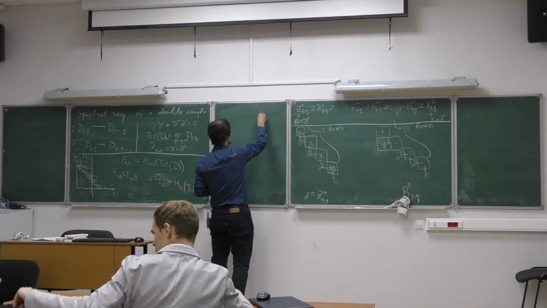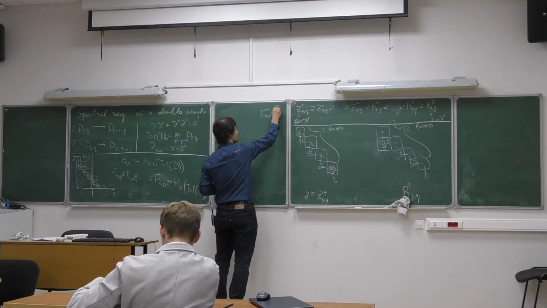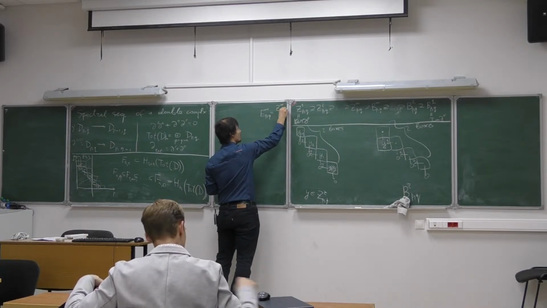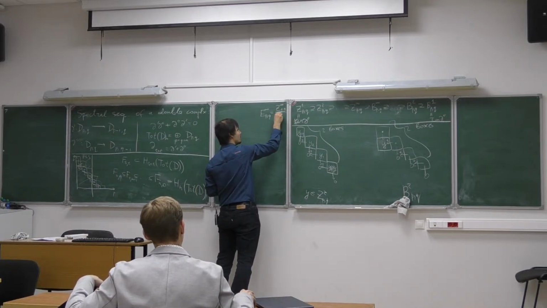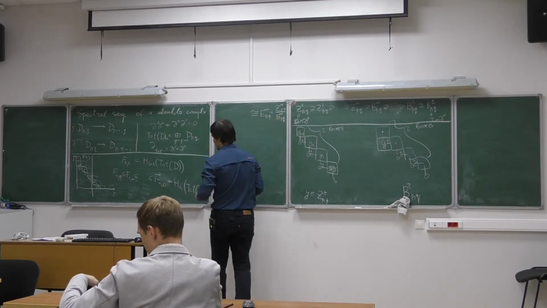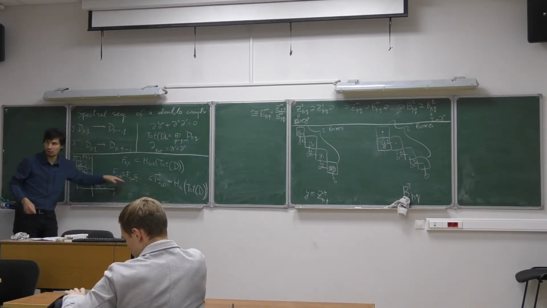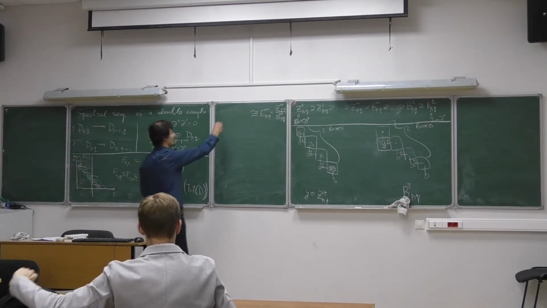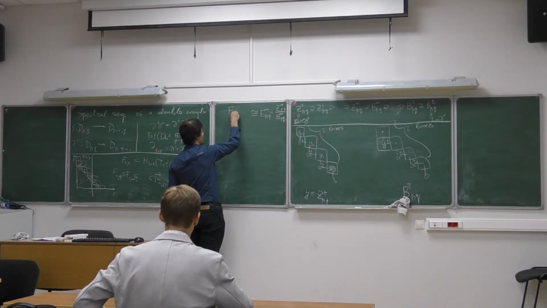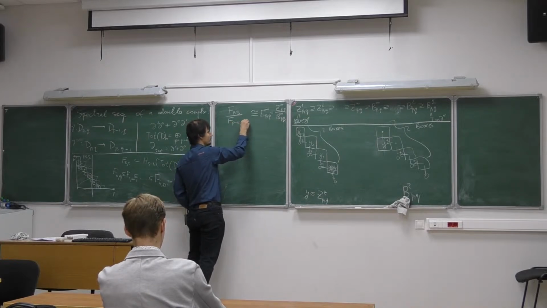Namely, this group E infinity PQ, which is by definition Z infinity PQ quotient by B infinity PQ, is canonically isomorphic to the quotient group of consecutive elements of this filtration. It is FPQ quotient by F P minus 1 Q plus 1.